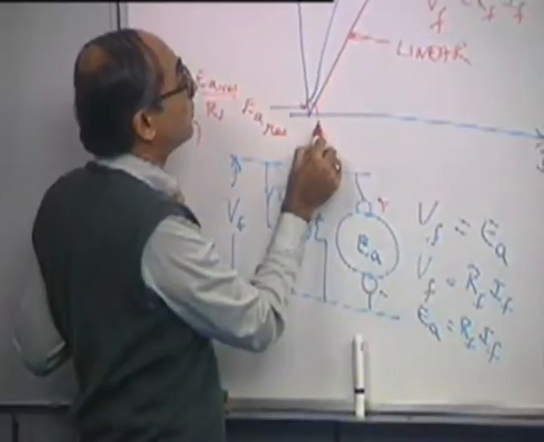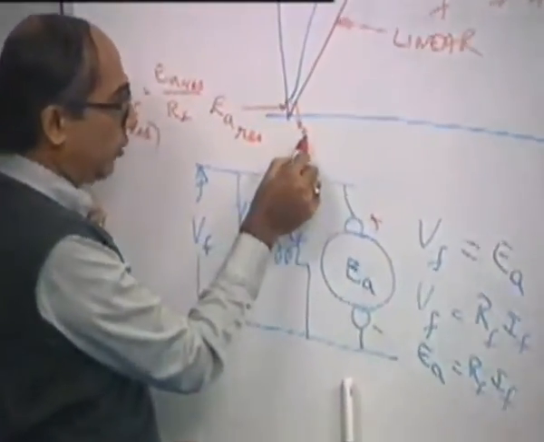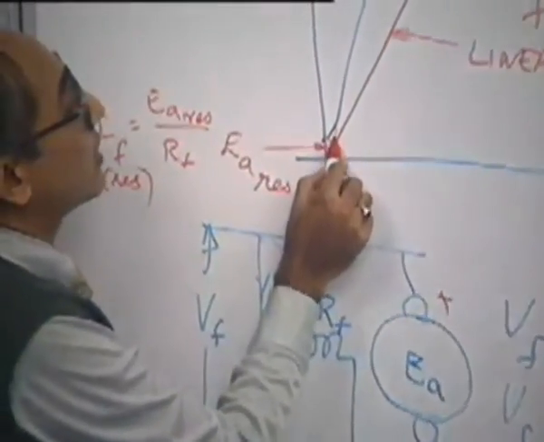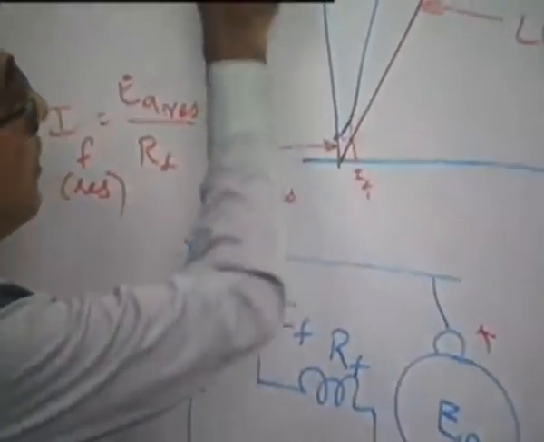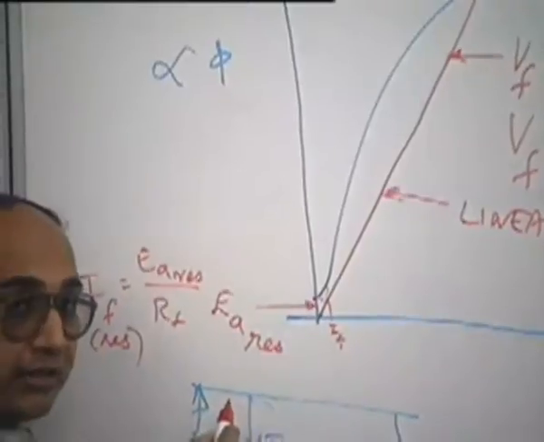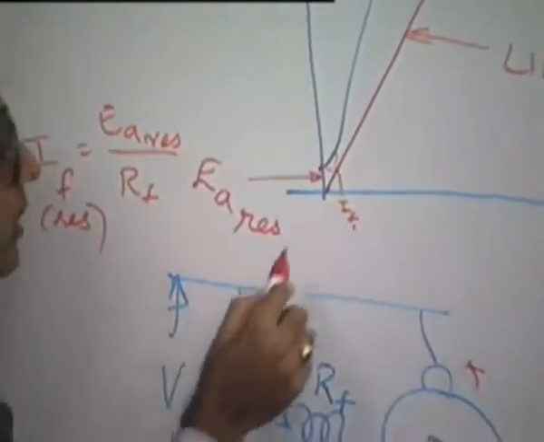Let us say this voltage will produce an IF, let's say 1 or something, and then this will cause a flux phi, because this is proportional to phi, and induce a voltage again, and that induced voltage will definitely be higher than the EA residue.